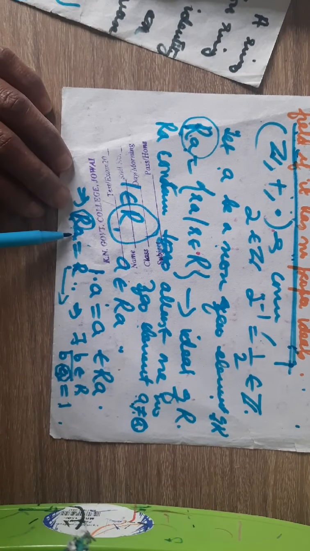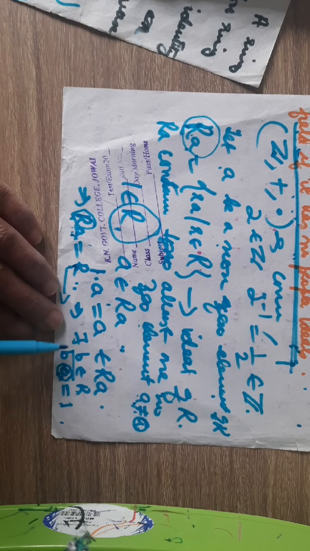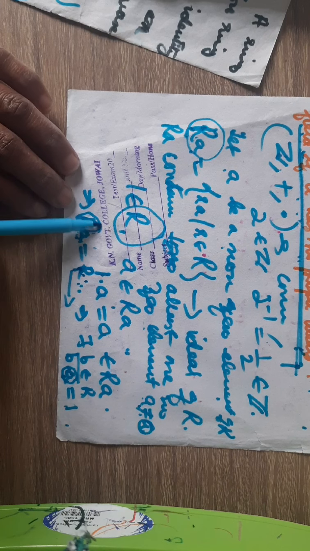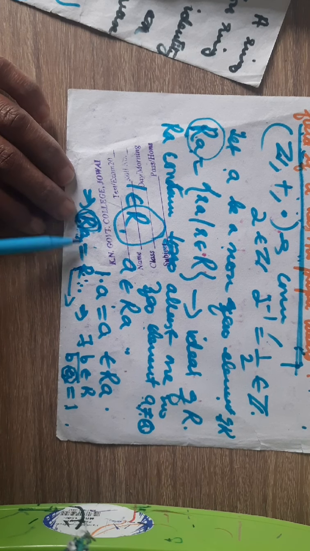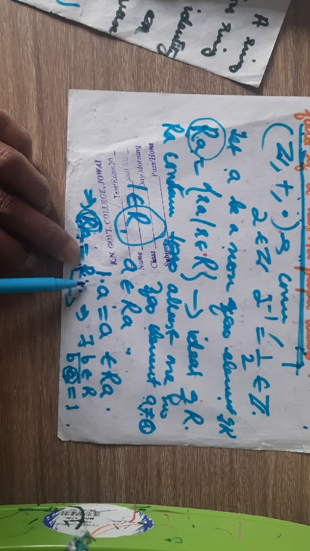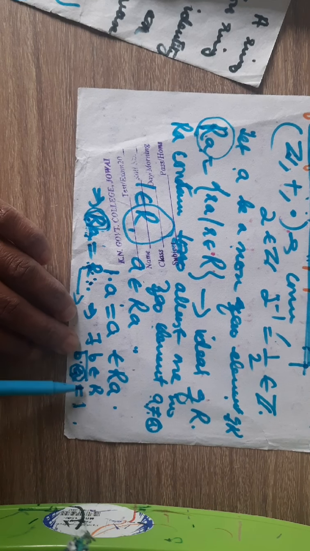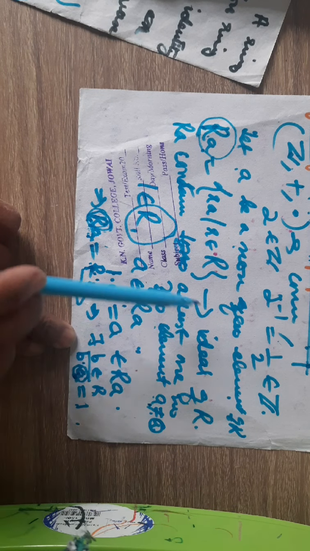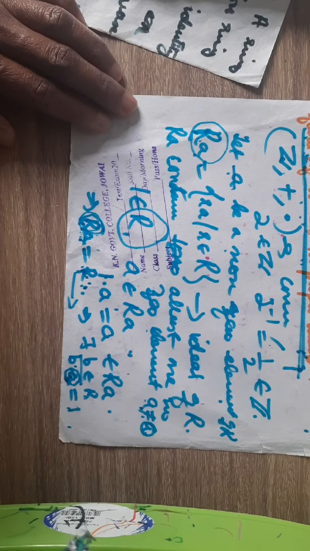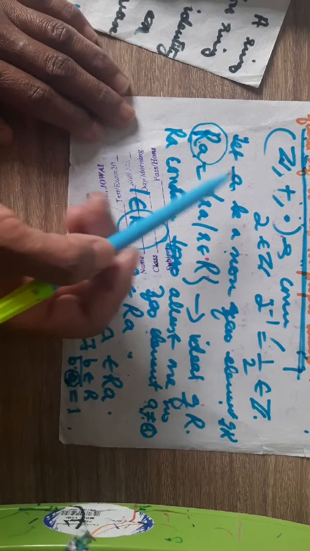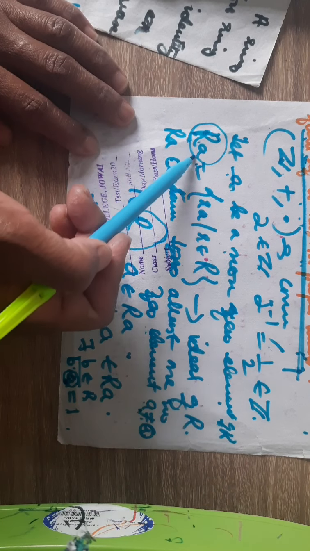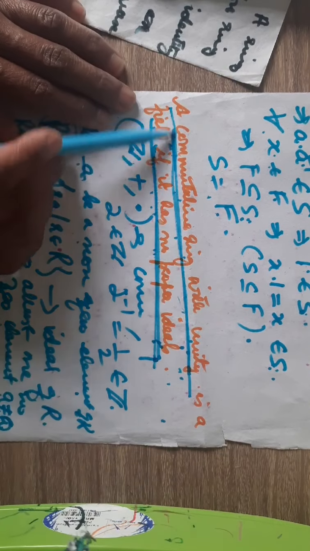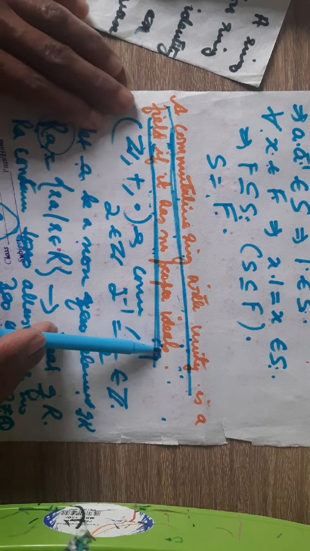And if RA is equal to R, we know that 1 belongs to R, so there must exist an element B belonging to R such that B into A will be equal to 1 in R, which means that B is the inverse of A, and this implies that the non-zero element A has an inverse in R. Since A is an arbitrary element, by taking any other non-zero element, say X, you can form RX, and you can show that X also has an inverse in R. So from here we conclude that a commutative ring with unity is a field if it has no proper ideals.